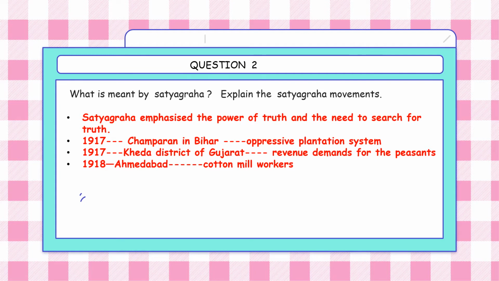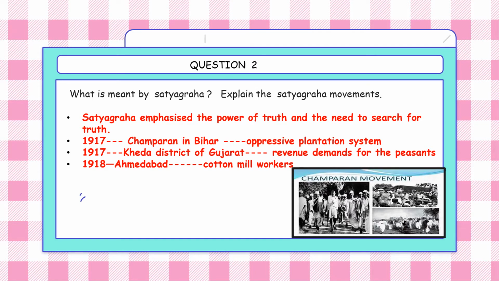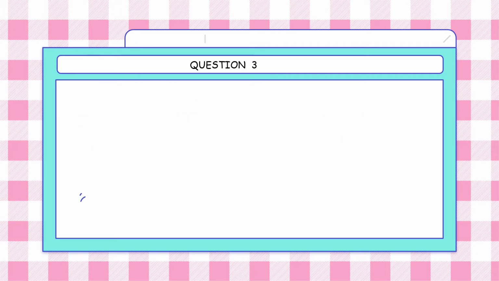What are the 3 satyagraha movements? 1917, Champaran in Bihar, oppression of the plantation system. 1917 again, Kheda district of Gujarat, revenue demands on the peasants. And 1918 in Ahmedabad, the cotton mill workers' problem. Children, this is a very important map question, so please do not forget to learn where these places are located in the map.